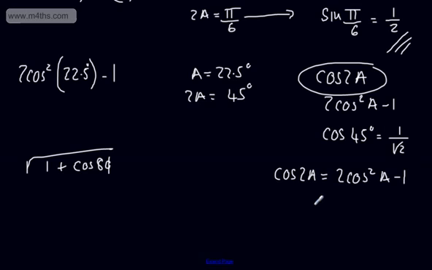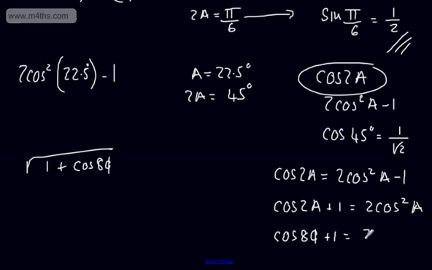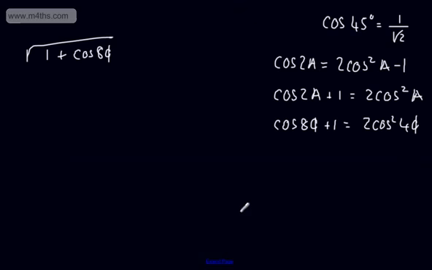If I add 1 to both sides now, I've got cos 2a plus 1 is equal to 2 cos squared a. Now in this particular case, I've got 8 theta. So if I wrote this out, I could write that cos of 8 theta plus 1 would be equal now, if we just consider this is half the angle, we could write this as 2 cos squared now of 4 theta. So all I've done is simply halved the angle.